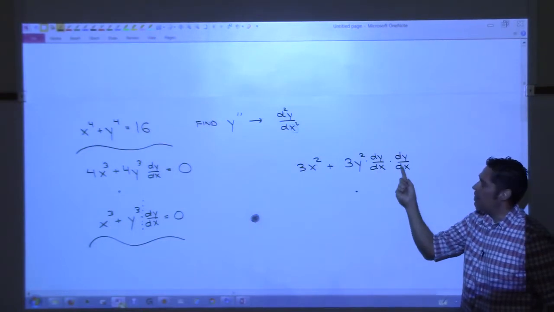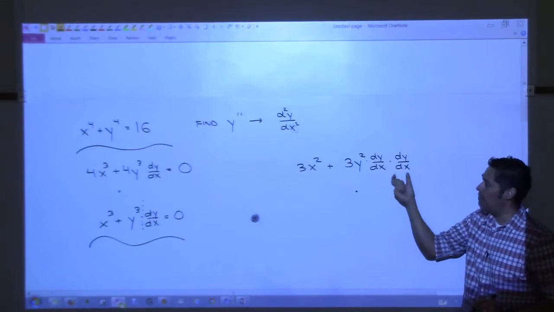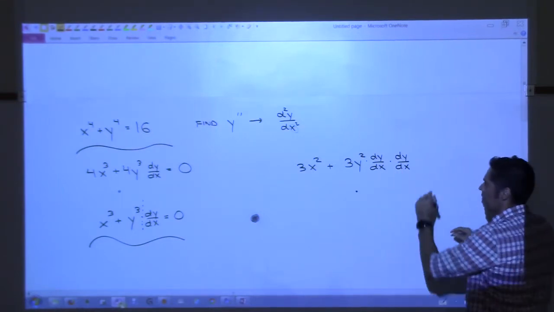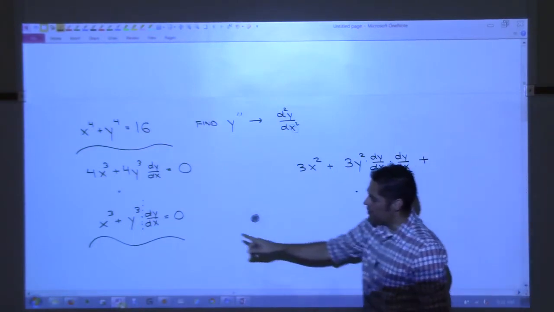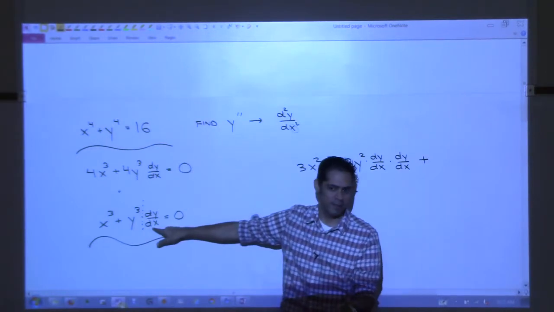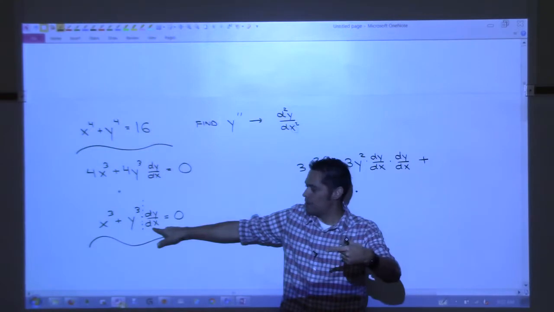Yes. And then you're doing times the first derivative again. That means it's the first derivative squared, right? Plus, I'm still doing the product rule, now the derivative of this, which is the second derivative. See, that's where your second derivative is going to come from. Understand what I just did or no?